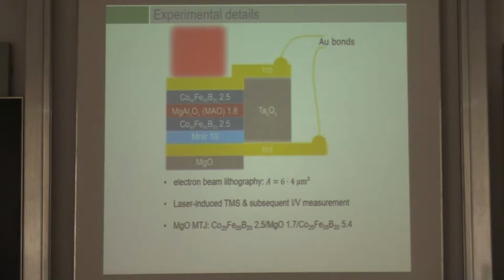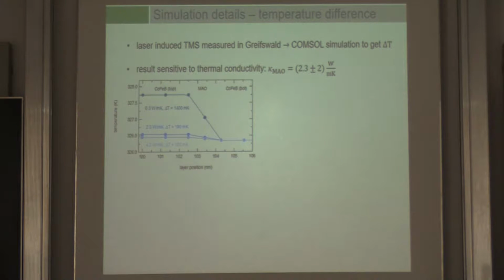So another tricky part in these experiments is the temperature gradient across your barrier, because this more or less defines your Seebeck coefficients, which you want to know, of course, or which you want to calculate. And therefore, you need to do, at the moment, COMSOL simulations, because you can't do any experiments to measure this temperature difference across your barrier, unfortunately.